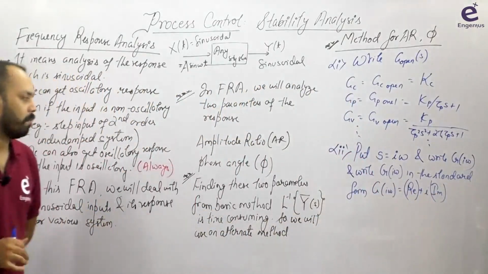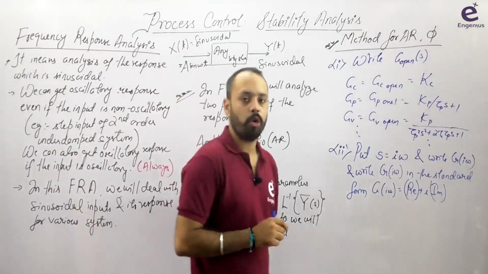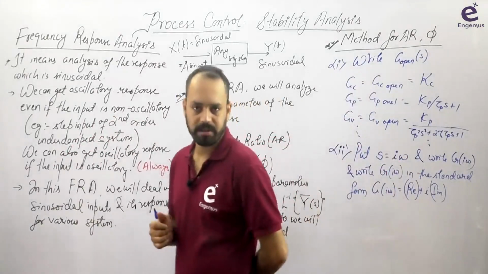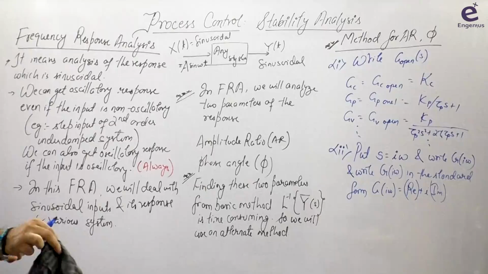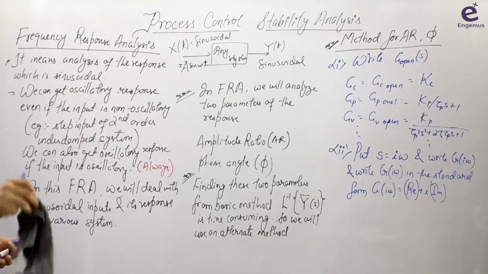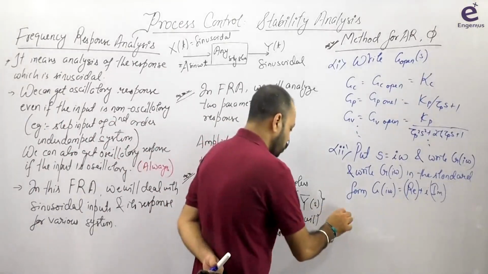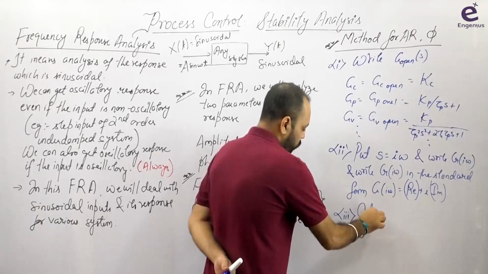Now, for a complex number, you might have studied the calculation of two things. One is called the modulus of a complex number, and one is called the argument of a complex number. So when you write this expression G iota omega in the standard form of a complex number, now we have to calculate two things. Third step, calculate modulus.